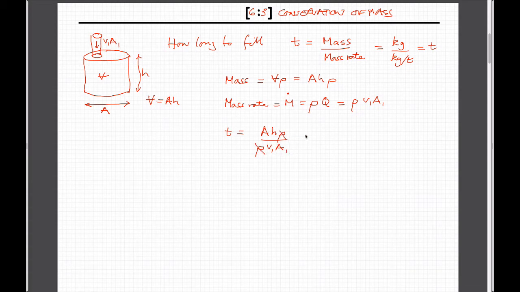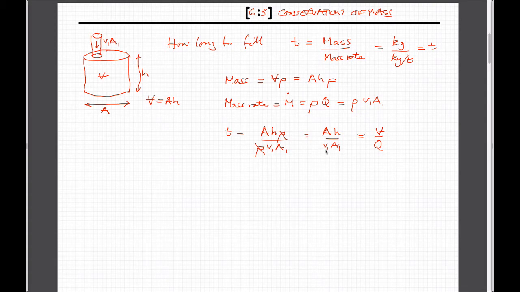We lose the densities, and it's just area times height over v1 A1. Which is the same as saying this is just volume over flow rate. Area times h is the volume, and this is the volumetric flow rate, because density doesn't change.